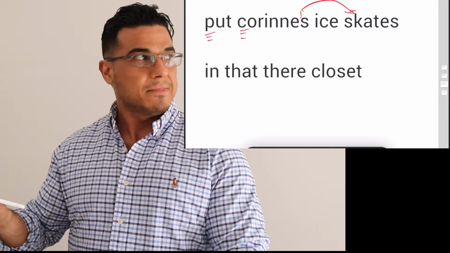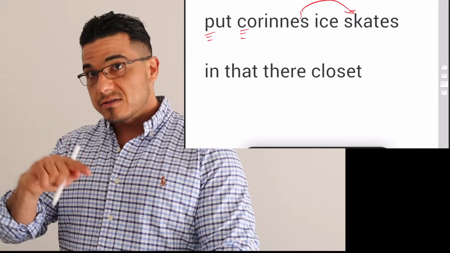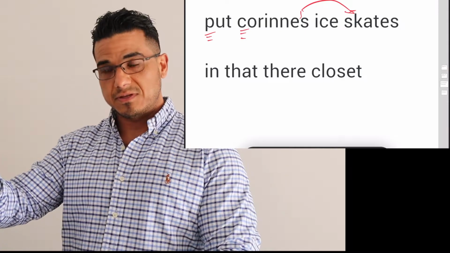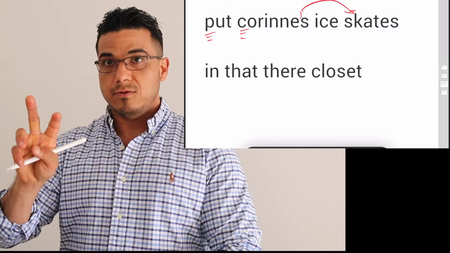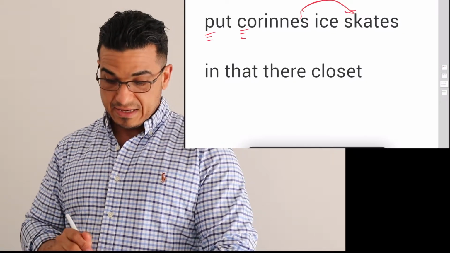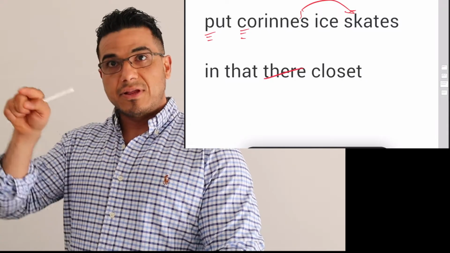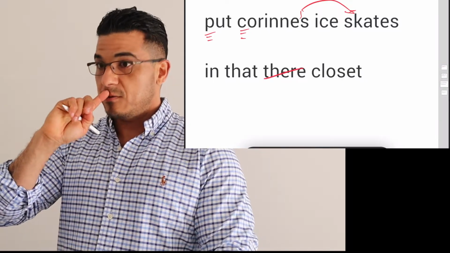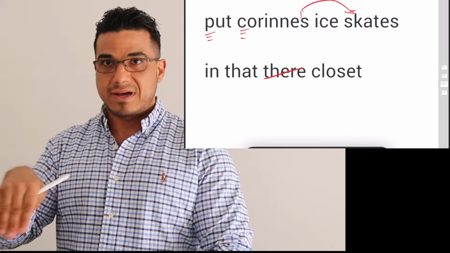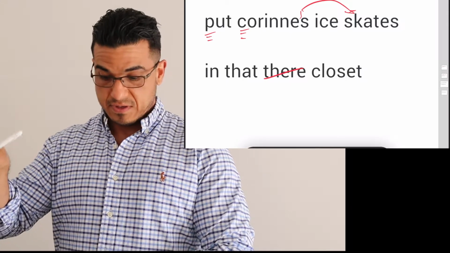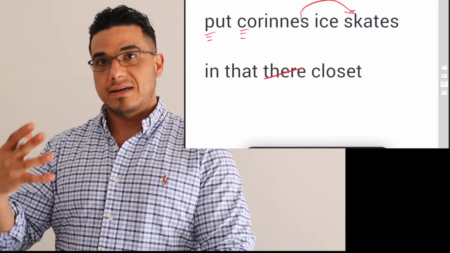That there closet. Instead of that there, because they're both referring to something specifically, that's redundant. You can actually get rid of one of them. In that implies that you're referring to a specific closet through the context, which means there is unnecessary.